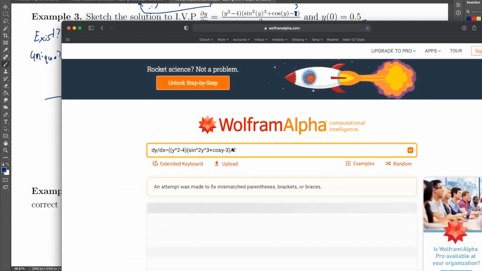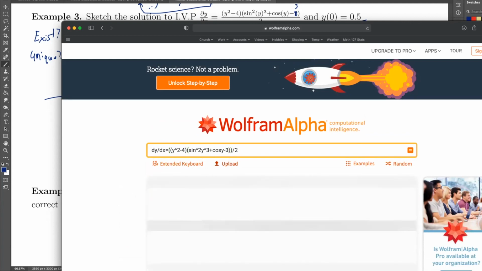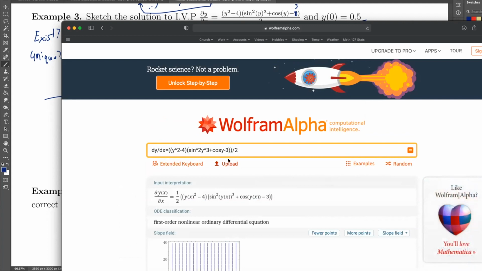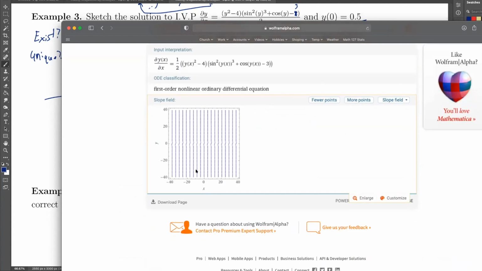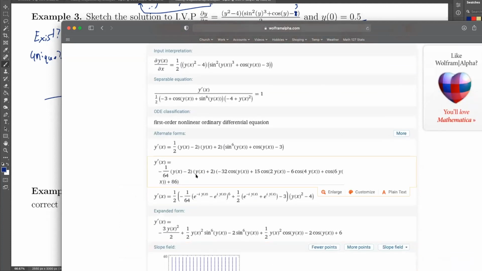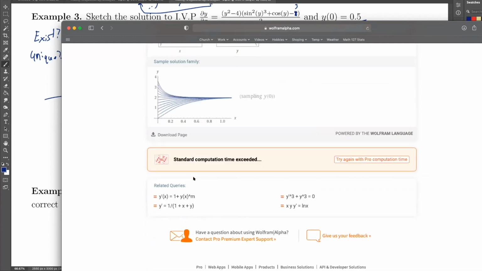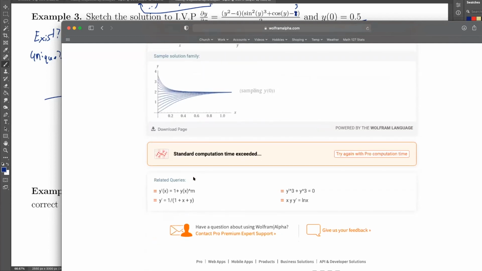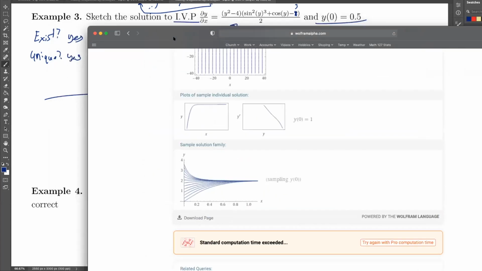Oh, hold on. This is a first order equation now. Thank you for classifying. Alternate forms, expanded form. No, solve it. It doesn't solve it for me. It shows me examples, but it doesn't solve it.